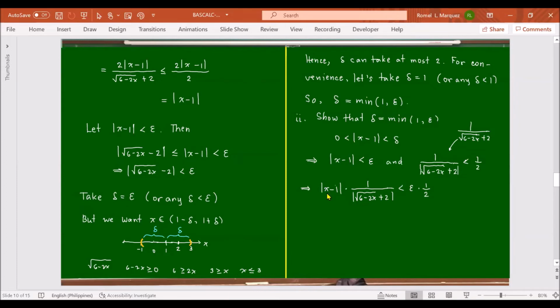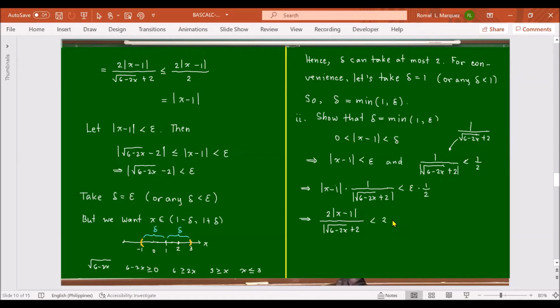Okay, so let's multiply this by 2, because what I want is this, no? Remember, our goal is to have 2 here. And this is equal to what? 2 is the absolute value of the square root of 6 minus 2x, minus 2. So I multiply by 2 to get 2 abs of x minus 1 over abs of the square root of 6 minus 2x plus 2, and this is less than 2.